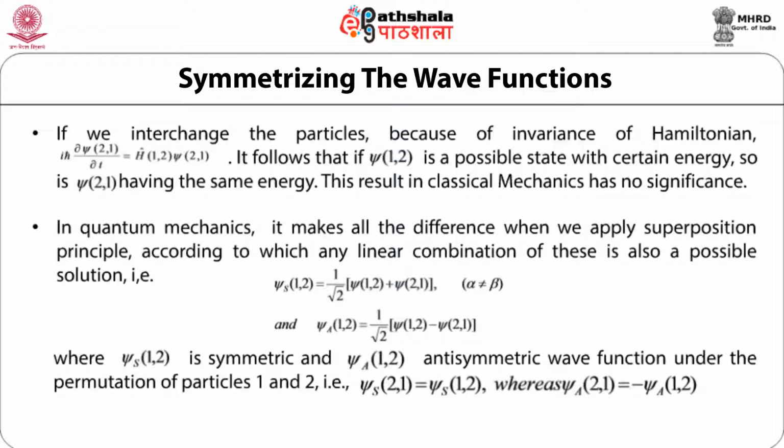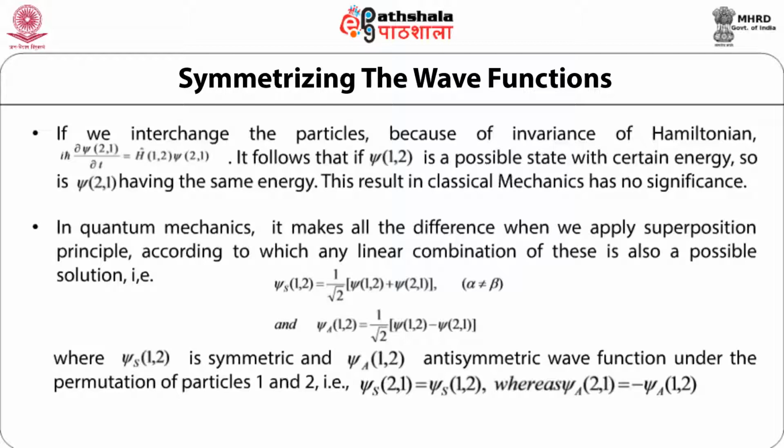That means if we have these two types of wave functions, psi12 and psi21, for which the Hamiltonian operator remains invariant, then we can write two linear combinations of these wave functions. One is given by psi subscript s12 equals 1 upon root 2 times bracket open wave function psi12 plus wave function psi21 bracket close, where alpha is not equal to beta.